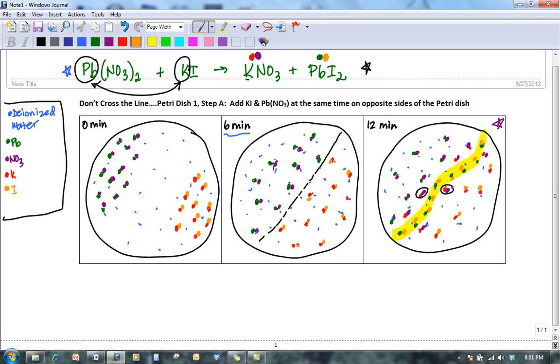So now what I want you to do is use this as a model, and flip the page over, and you need to draw microstructures for Petri dish 2, step B. And remember that in that Petri dish, you first poured the deionized water in, and then you added one of the chemicals first, waited for about 6 to 8 minutes, and then you added the other chemical to the other side. So you need to show me what's going on with the molecules in that trial.